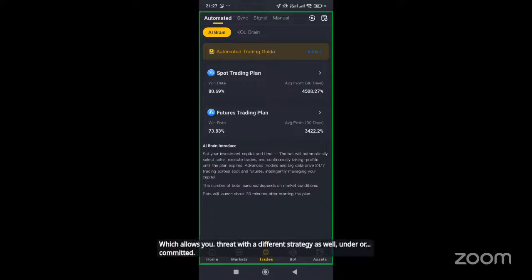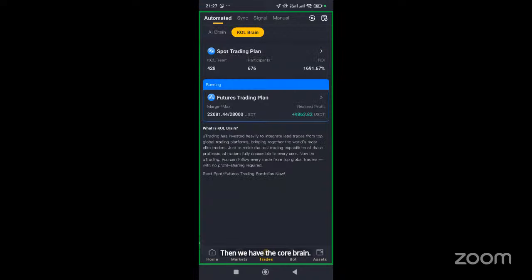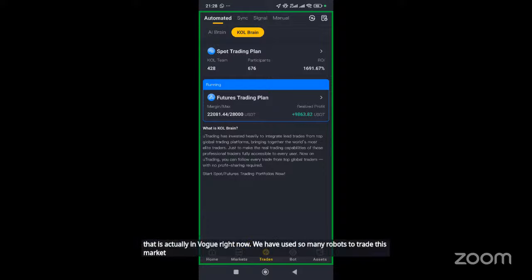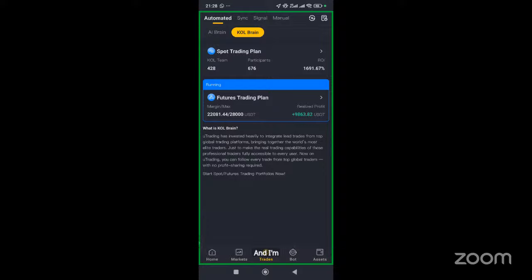Then we have the Co-Brain. Now, Co-Brain is a robot that allows you to trade this market, and it seems to be one of the most powerful robots that is in vogue right now. We have used so many robots to trade this market, and I'm going to explain all of them to you. But look at this.